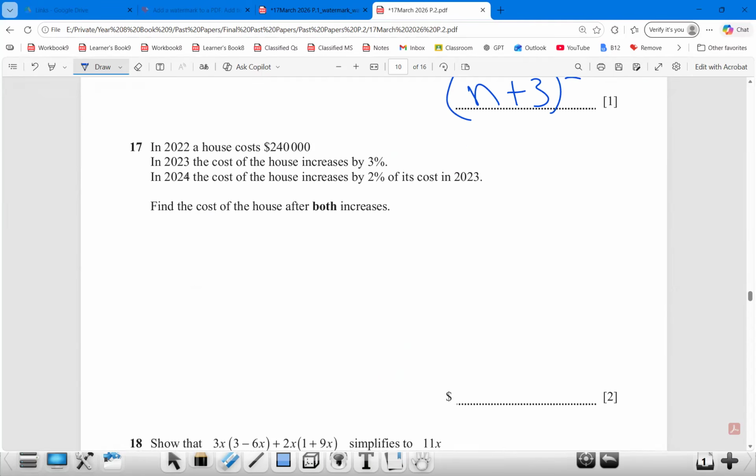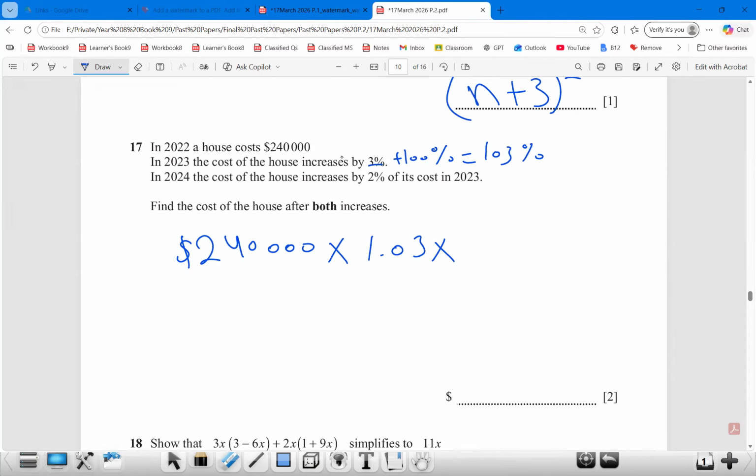In 2022, a house costs $240,000. In 2023, the cost of the house increases by 3%. So add this to 100%. It is 103 percent, so the multiplier is 1.03.